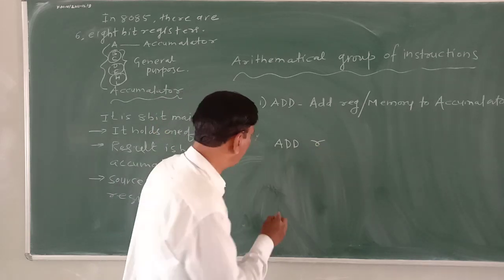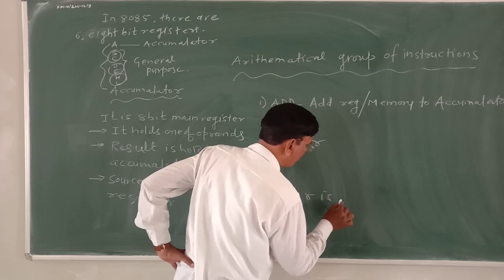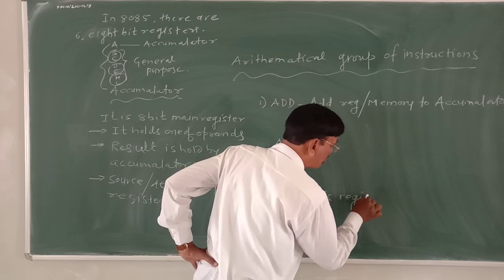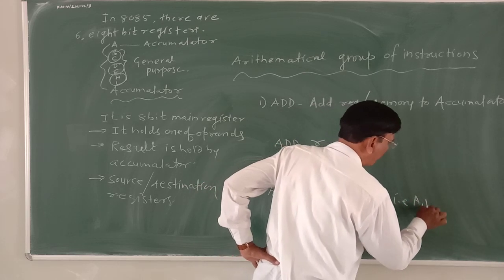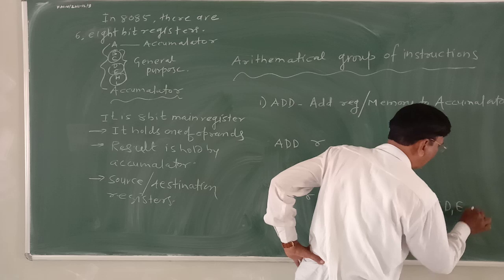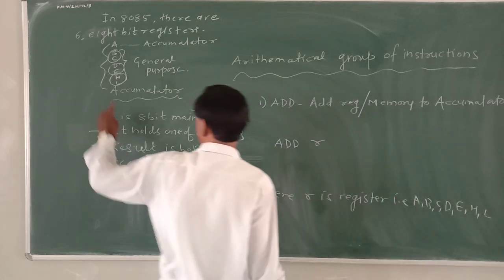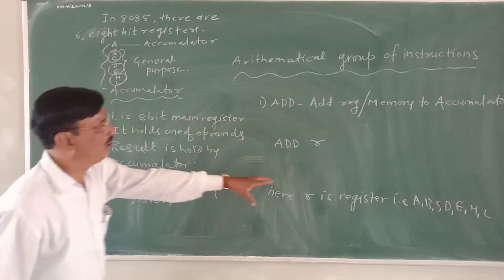Which register? R is a register. Which register? That is A, B, C, D, E, H, L. Any register among these may be there.